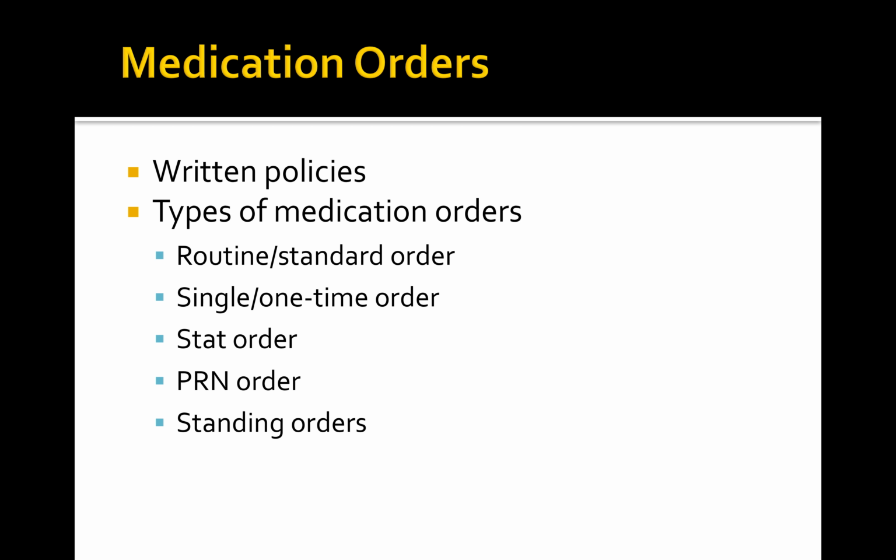And then standing orders may be written for specific circumstances or for specific units. Coronary care unit, CCU, they have specific orders for somebody who's having an MI or heart attack. The ICU has standing orders for somebody who is having a stroke, brain bleed.